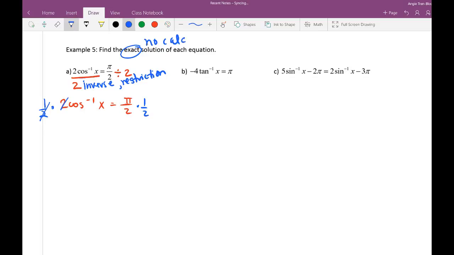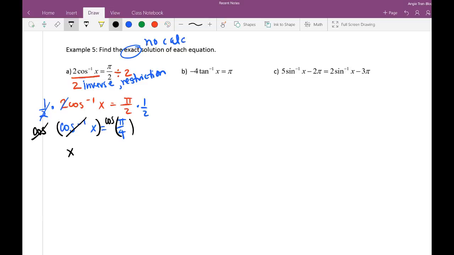So that and that will cancel out, and I now have cosine inverse of x equals pi over 4. Now I need to find what x is, right? So would you agree that now I will compose both sides by regular cosine, and that is going to be going away.